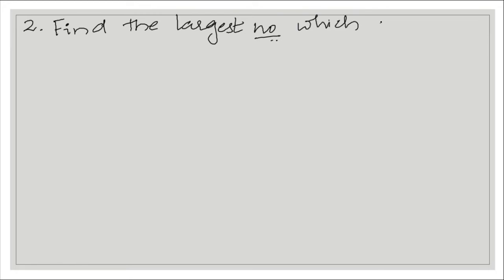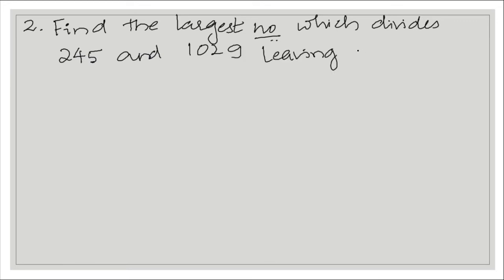The question is, find the largest number which divides 245 and 1029, leaving remainders 5 in each case.